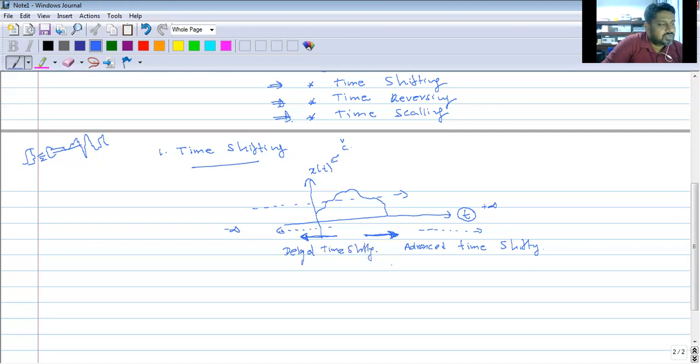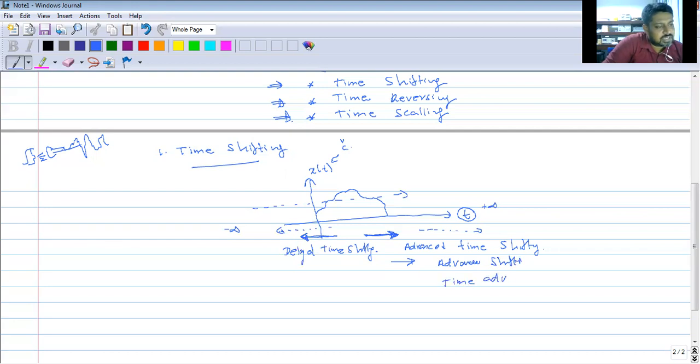Strictly speaking, if we move the signal to this side, it is the advanced shift, or a time advance.